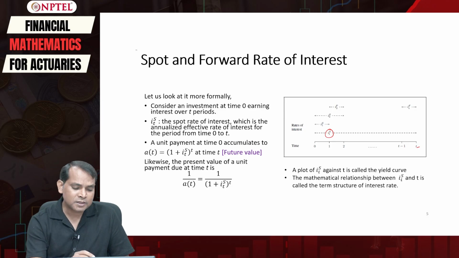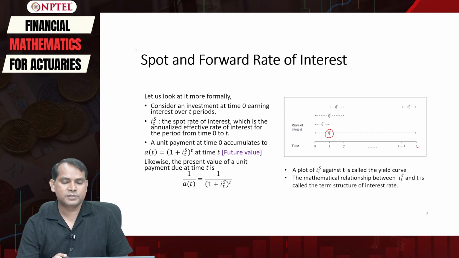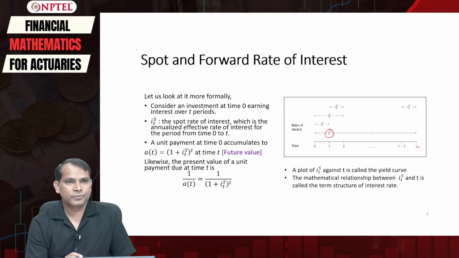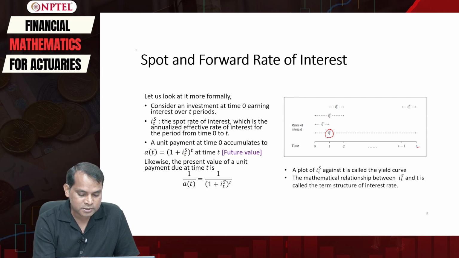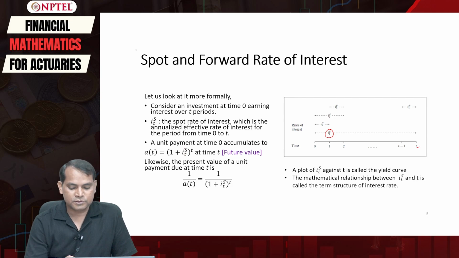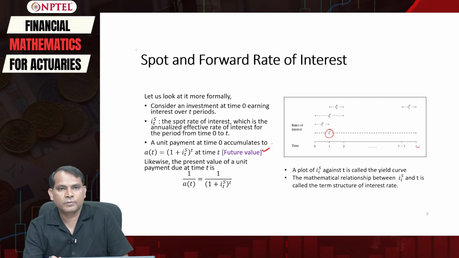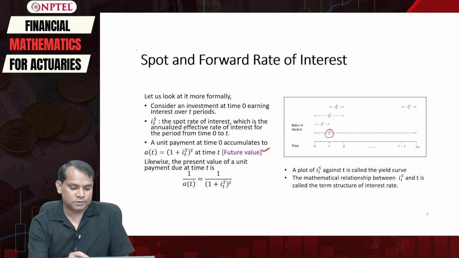Imagine that a unit payment at time 0 accumulates to (1 + i_t^S)^t. So this i_t^S is the spot rate for the period 0 to t. This is essentially the future value of our investment.